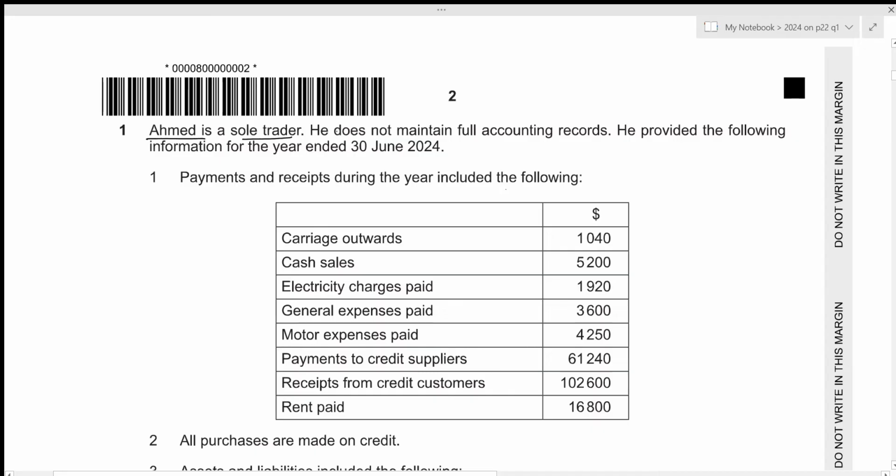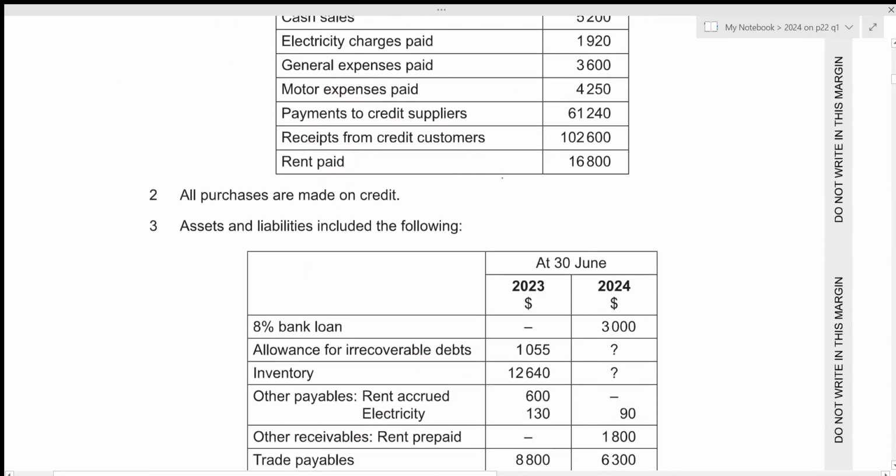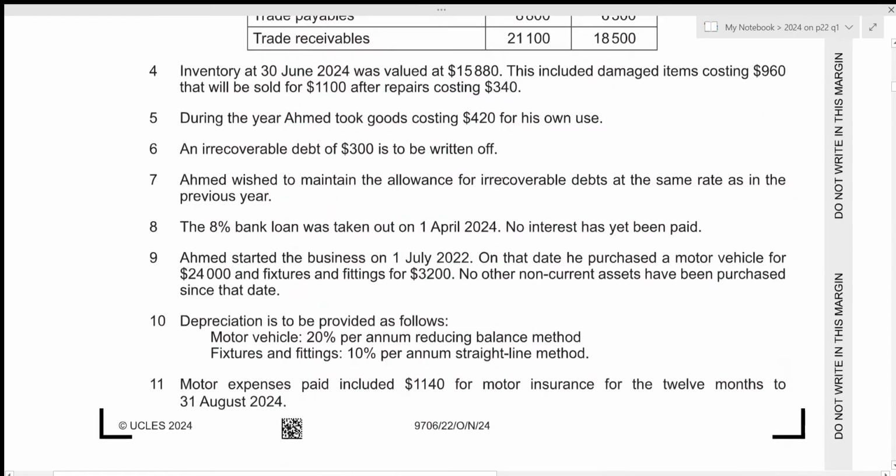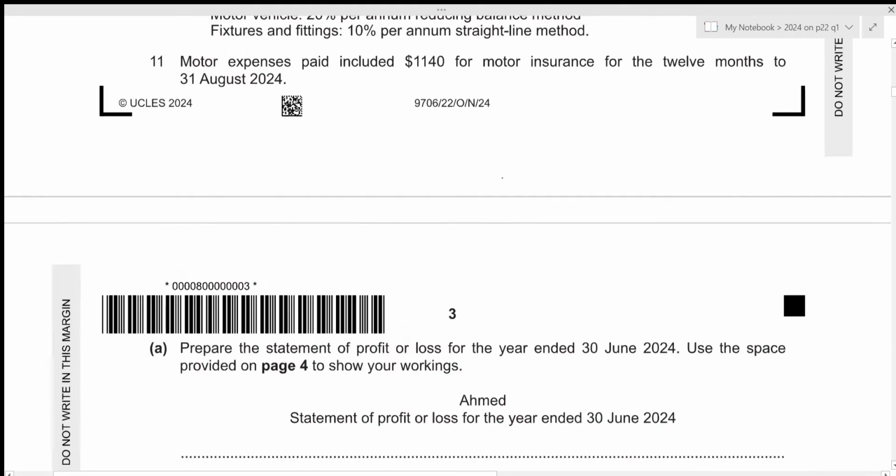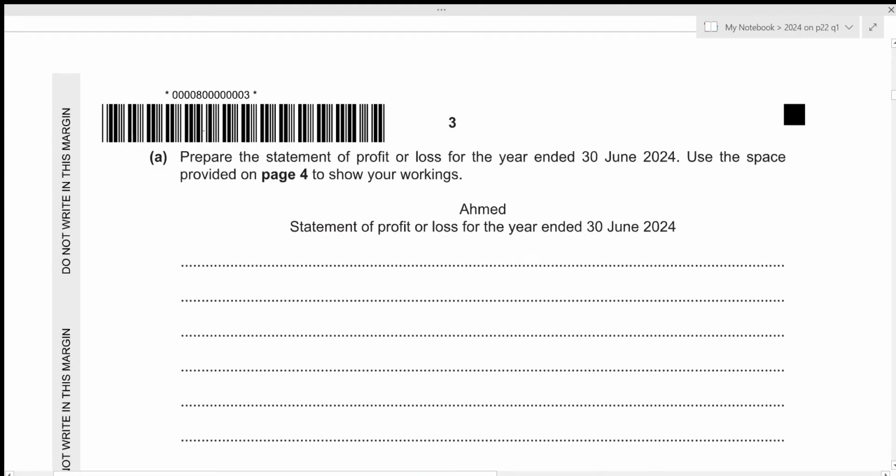Ahmed is a sole trader. He does not maintain full accounting records. He provided the following information for the year ended 30 June 2024. So we have been given a list of information. Let's take a look at the first question. We need to prepare the statement of profit or loss for the year ended 30 June 2024. We also need to use the space provided on page 4 to show our workings.